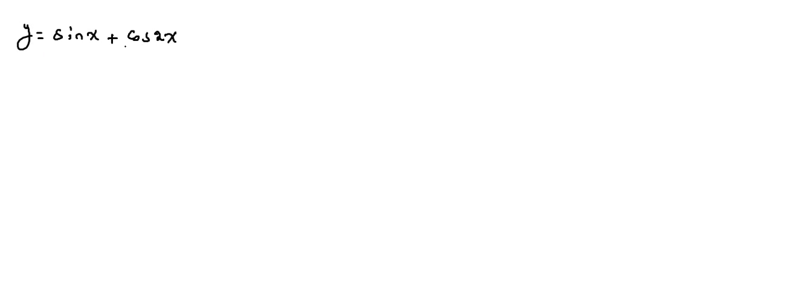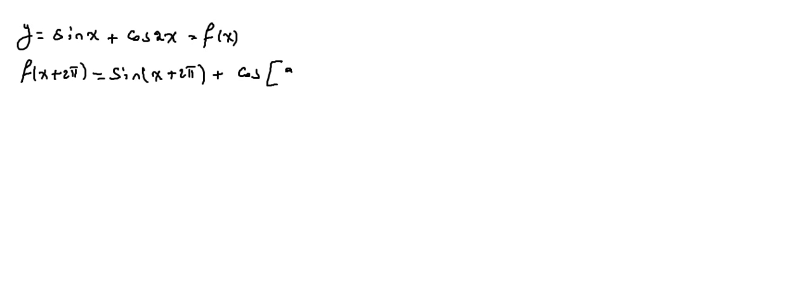Okay, first, as usual, let's say this is f of x. We check if f of x plus 2 pi equals f of x or not. It's sine of x plus 2 pi, plus cosine of 2 times x plus 2 pi, which is sine x plus cosine of 2x plus 4 pi.